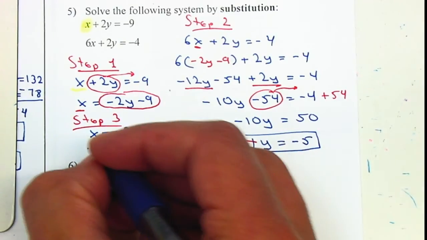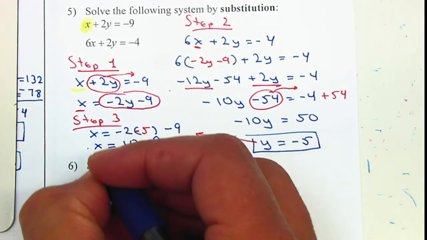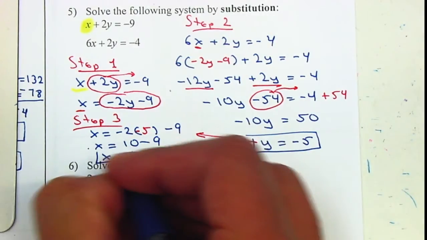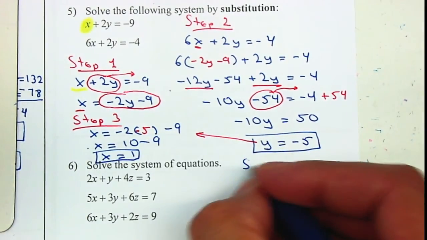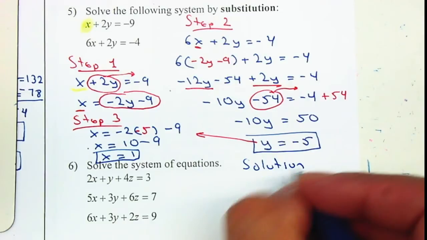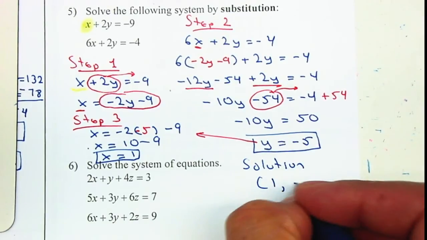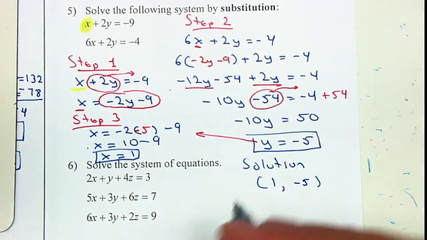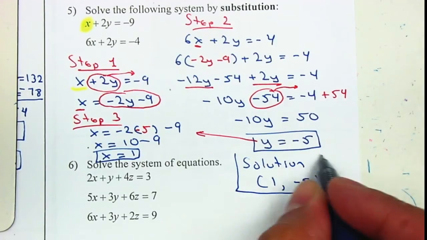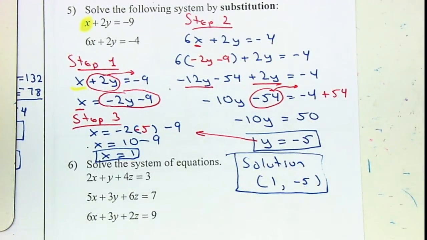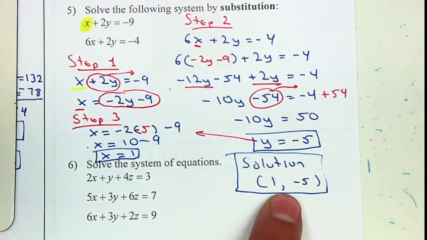So it gives me x is equal to 10 minus 9, therefore x is equal to positive 1. My solution is a point, positive 1 and -5. Remember, we're trying to find out where the lines cross, so I need to see your answer as a point.